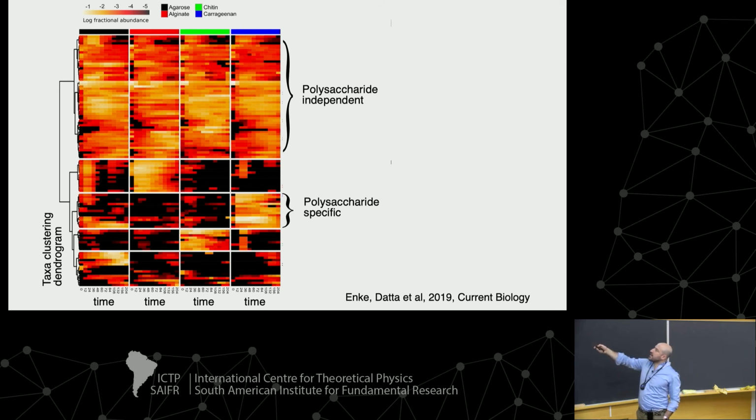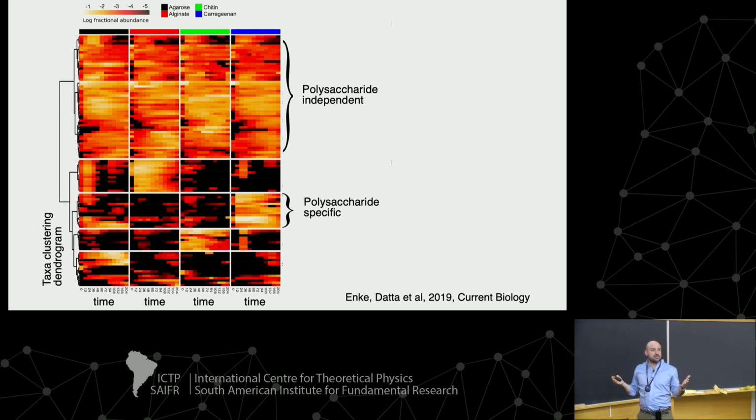Then there are the other ones that are a bit more specific, like these guys here are enriched in alginate. These guys here are enriched in carrageenan, and so on. And then you can see these white lines, so they are separated. This is just clustering. We just did very simple clustering based on these patterns, and we find the best number of clusters using statistical techniques that are also very simple, the silhouette, and it turns out it gives you 5 clusters.